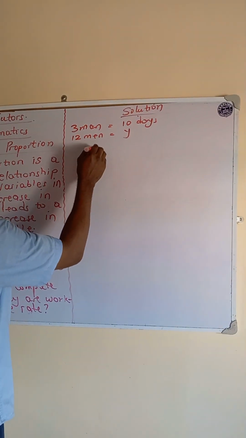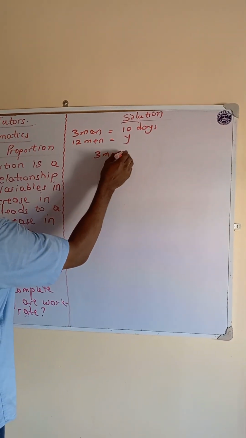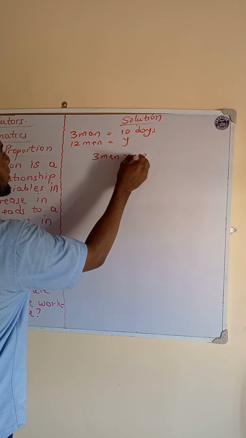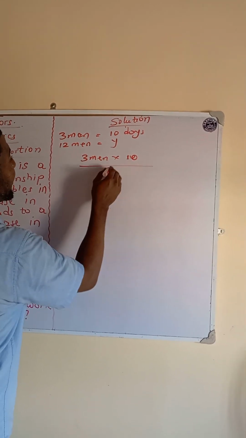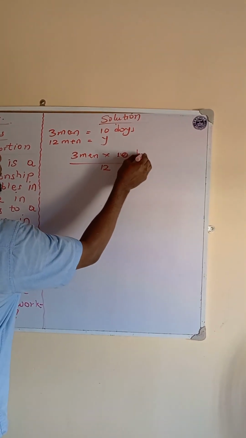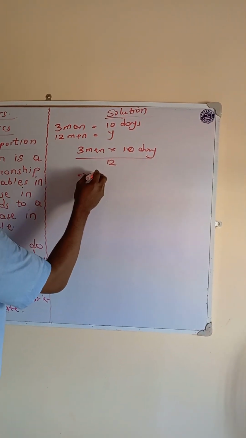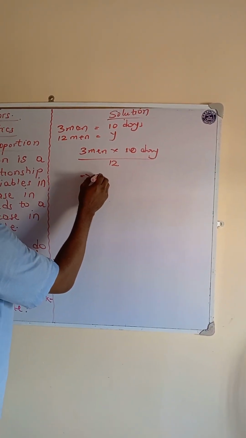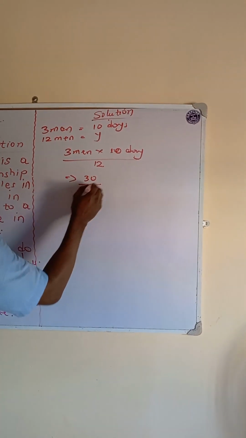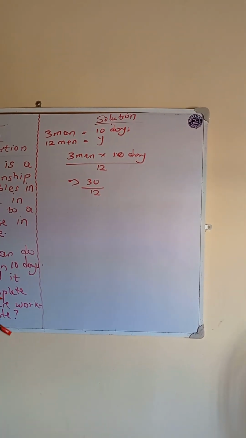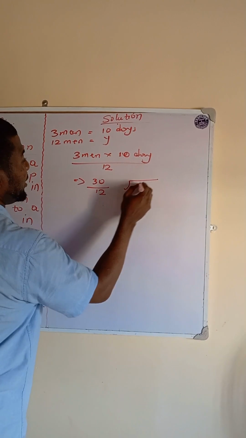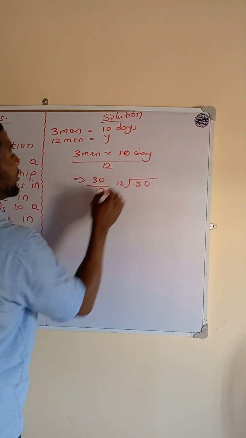So it's going to be 3 men multiplied by 10 divided by 12, which will give me 3 times 10, what? 30 divided by 12.